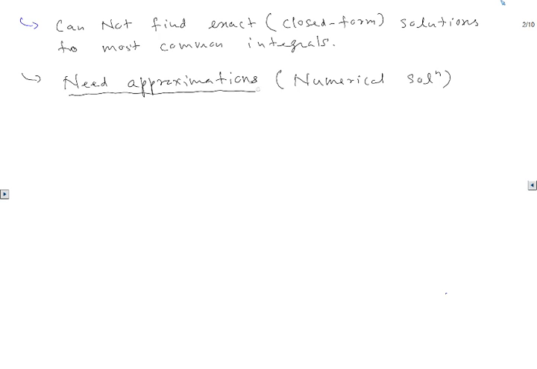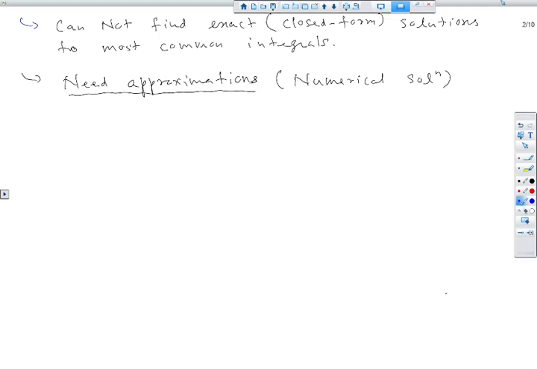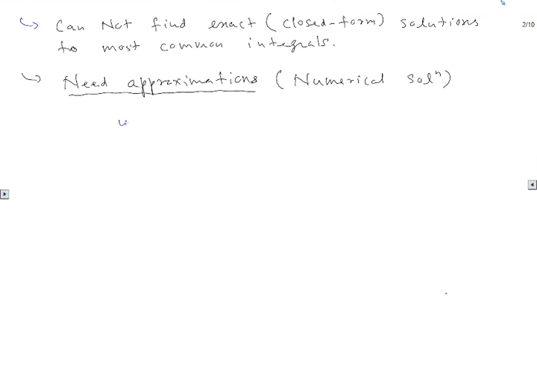So let's look at the problem at hand. We're trying to find a solution for this problem. What's the problem? y prime equals a function of x and y, and you are given a point. You know there's one point on the curve, on the path.